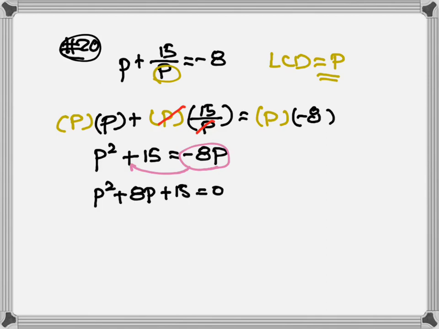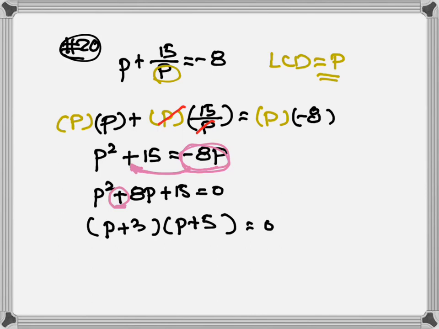So here you can see every time you move a number to either side of the equation, you must switch the sign. Plus becomes minus, minus becomes plus. So over here it becomes positive 8p. Okay. Then after that, we're going to factor the trinomial. So this becomes p plus 3, p plus 5.